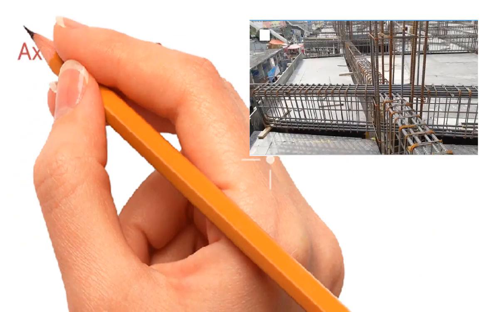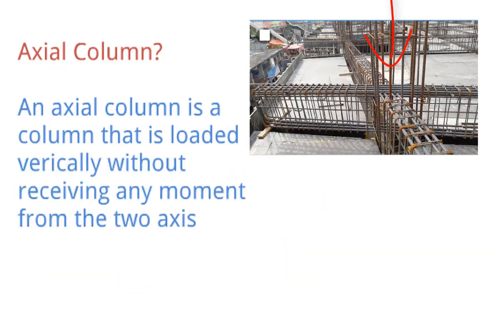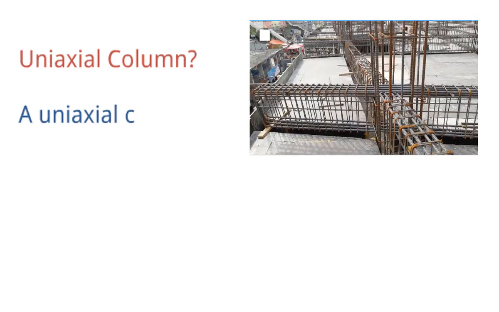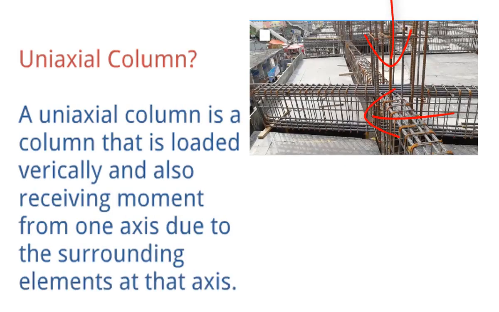If a column is only loaded vertically without receiving any moment from the surrounding beams it is supporting at both x and y axes, we say the column is an axial column. If a column is loaded vertically and also receiving moment at one axis due to the surrounding beams it is supporting, it is termed a uniaxial column.